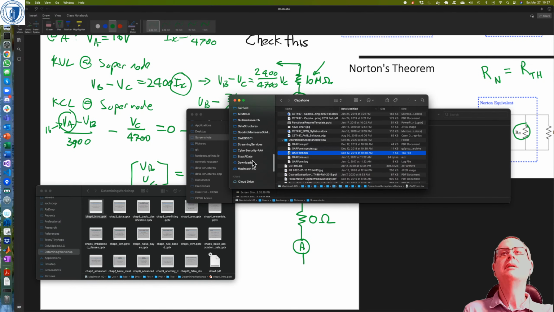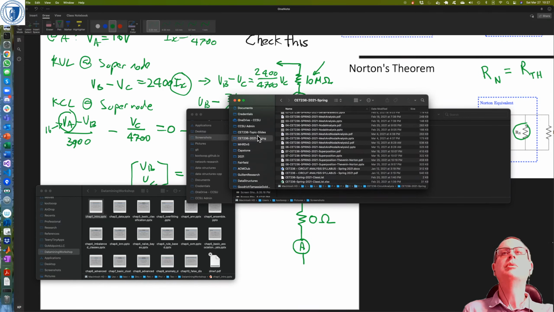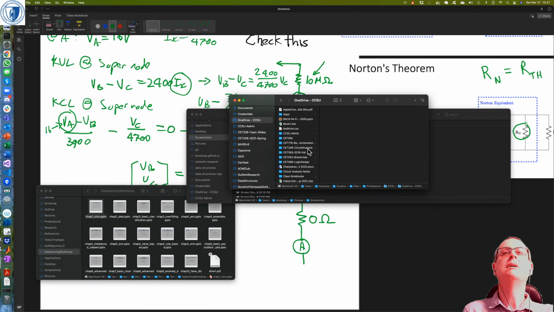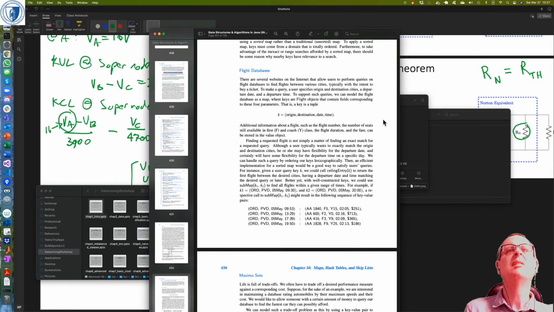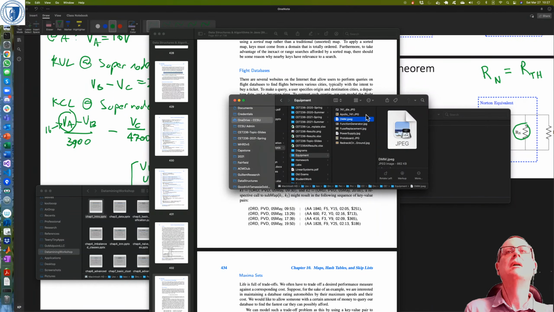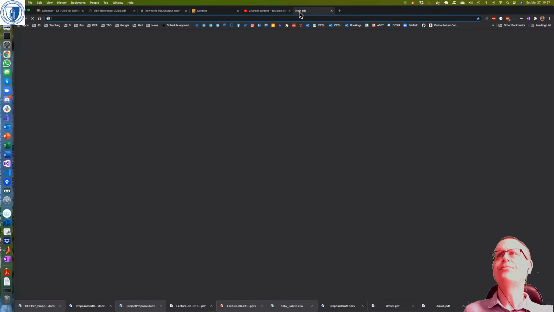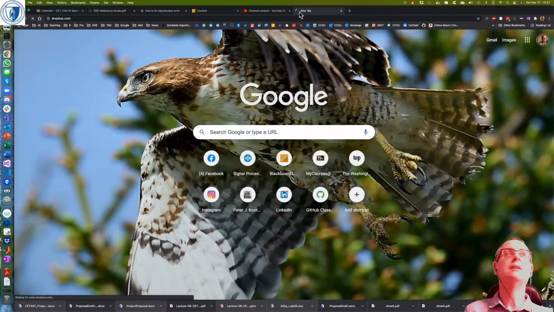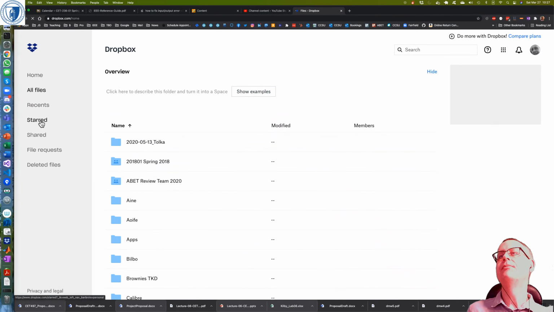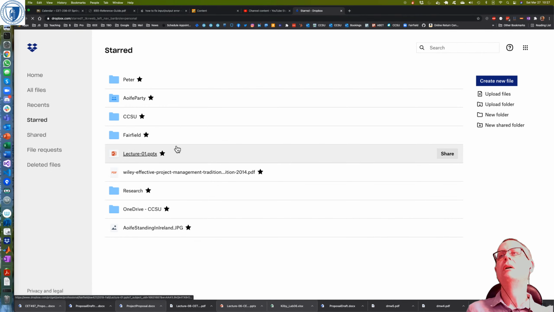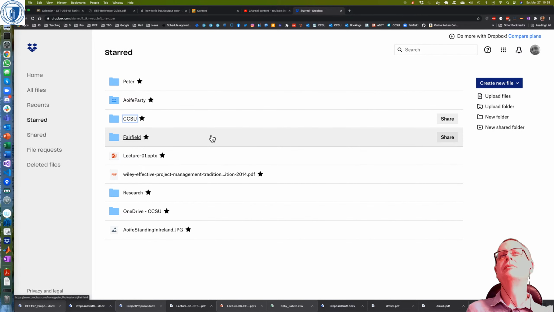Let's see if I can pull up a picture. There we go. Sometimes I think my computer is dying, so sometimes it doesn't come up with files nicely.